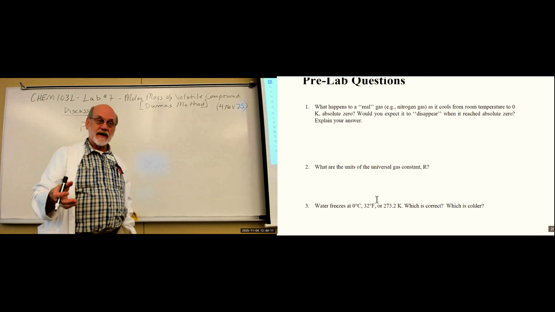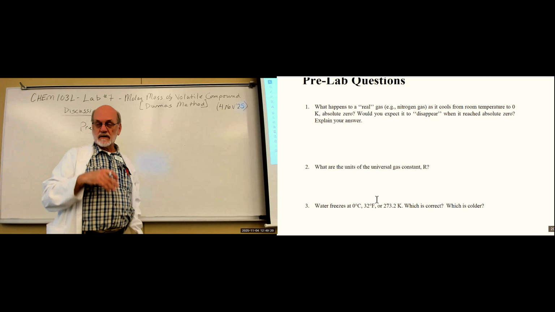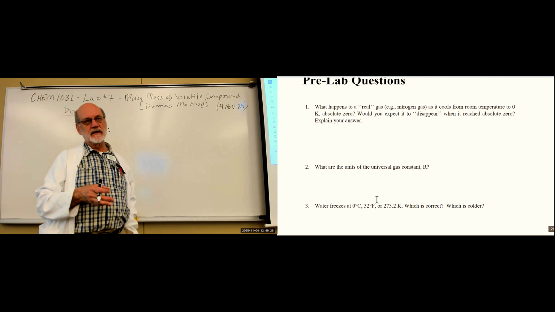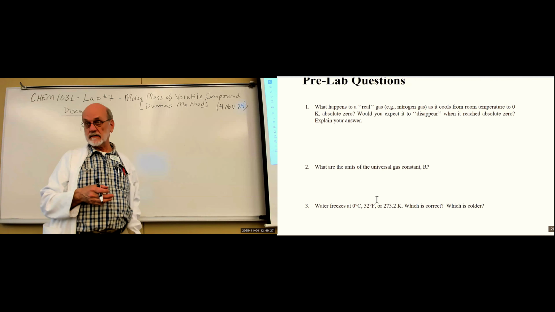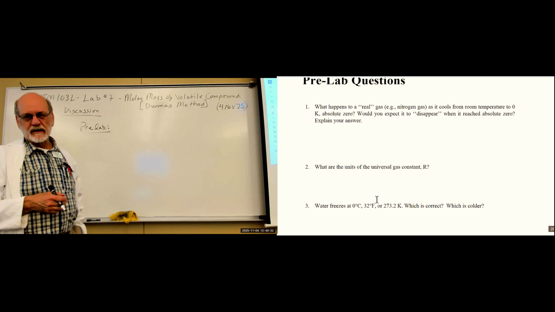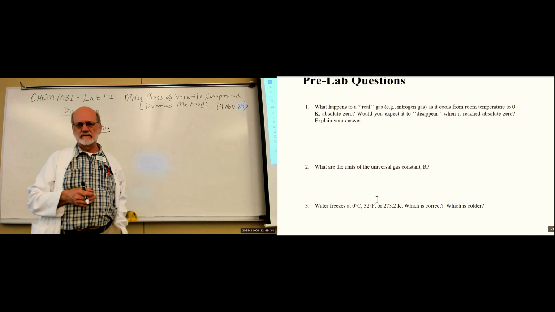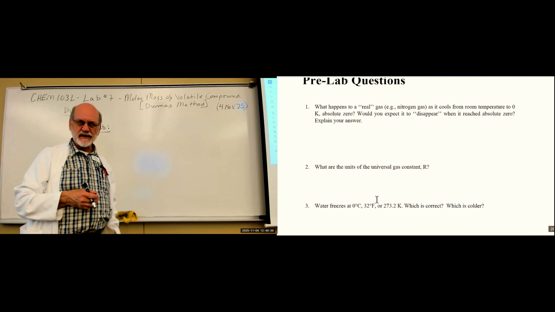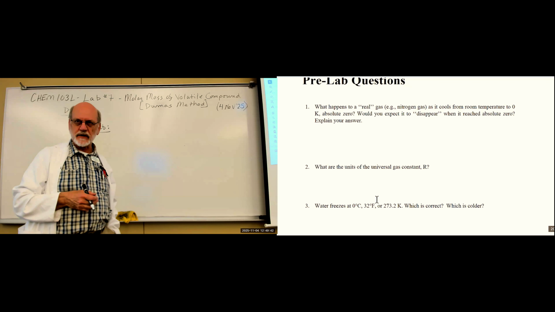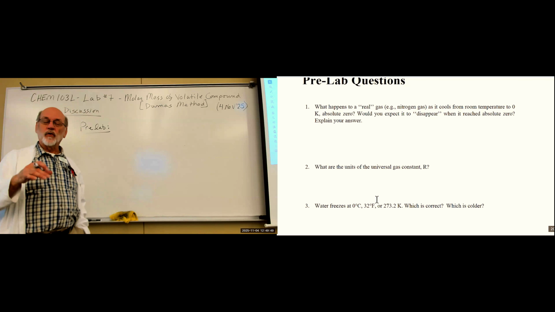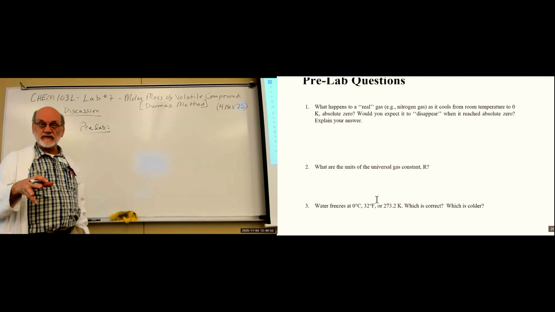But a real gas, as we get colder and colder and colder, first it might condense into a liquid. And depending on the gas, if it gets even colder, it might turn into a solid. Right? So why is that? Why do gases condense into liquids and further into solids as they get colder? What has to happen in order for a liquid to form from a gas?